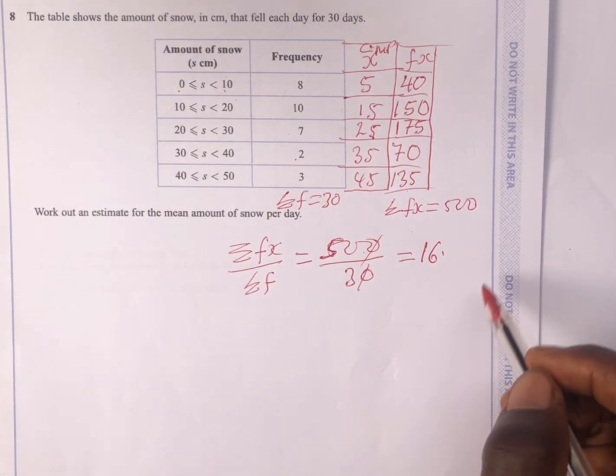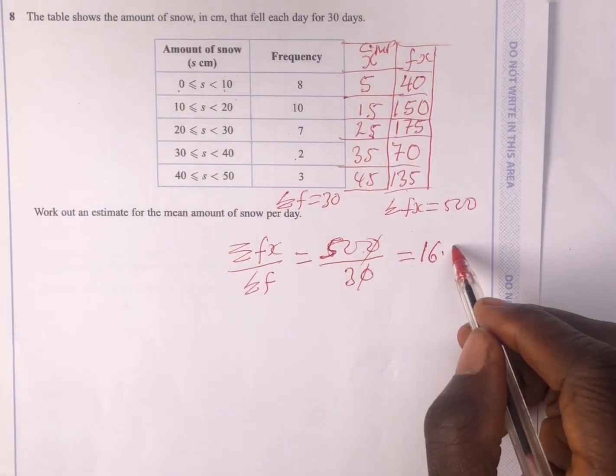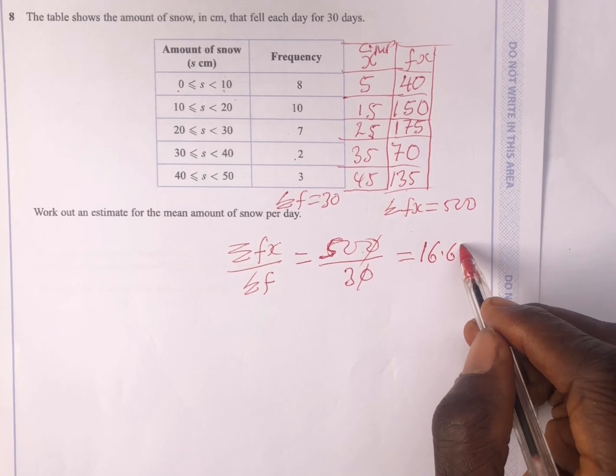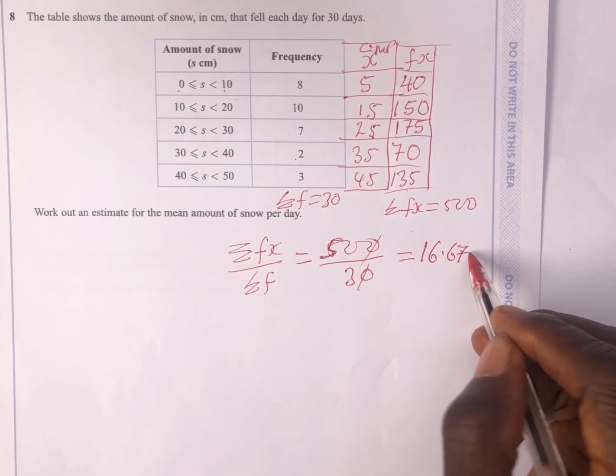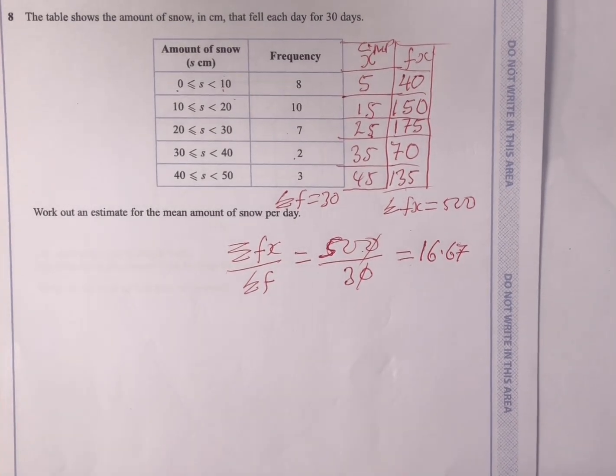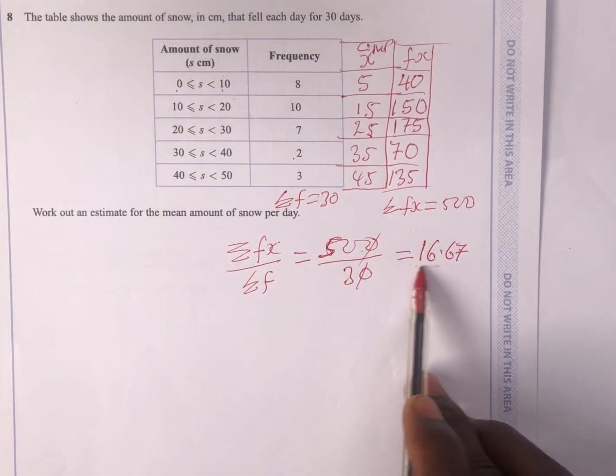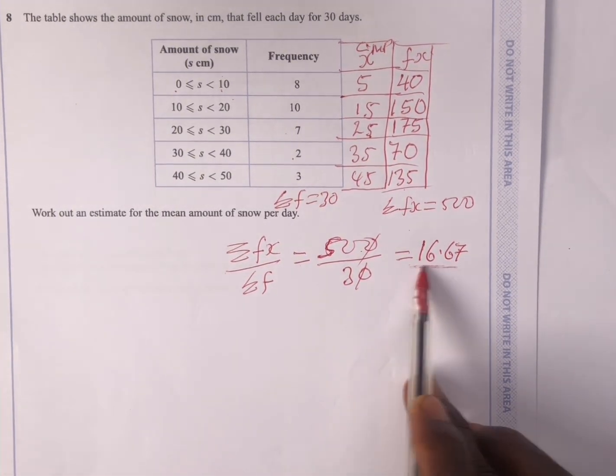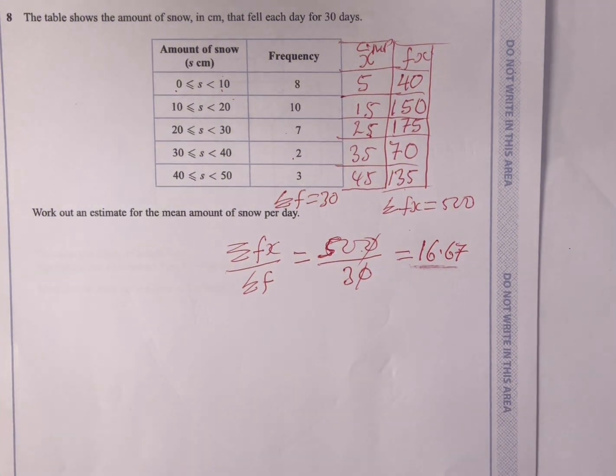So that will be 20. 3 goes into 26, so we take 6 points. Let's say 16.67 thereabout, which is equivalent to 17 to the nearest whole number, right? So we work out an estimate for the mean amount of snow per day. So it is around 17.